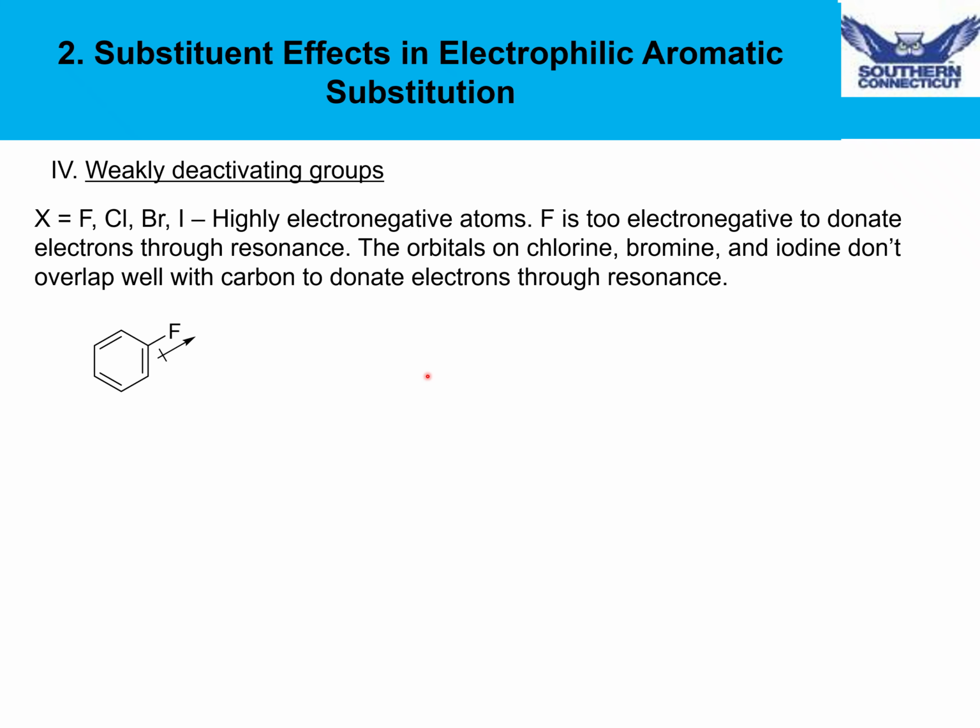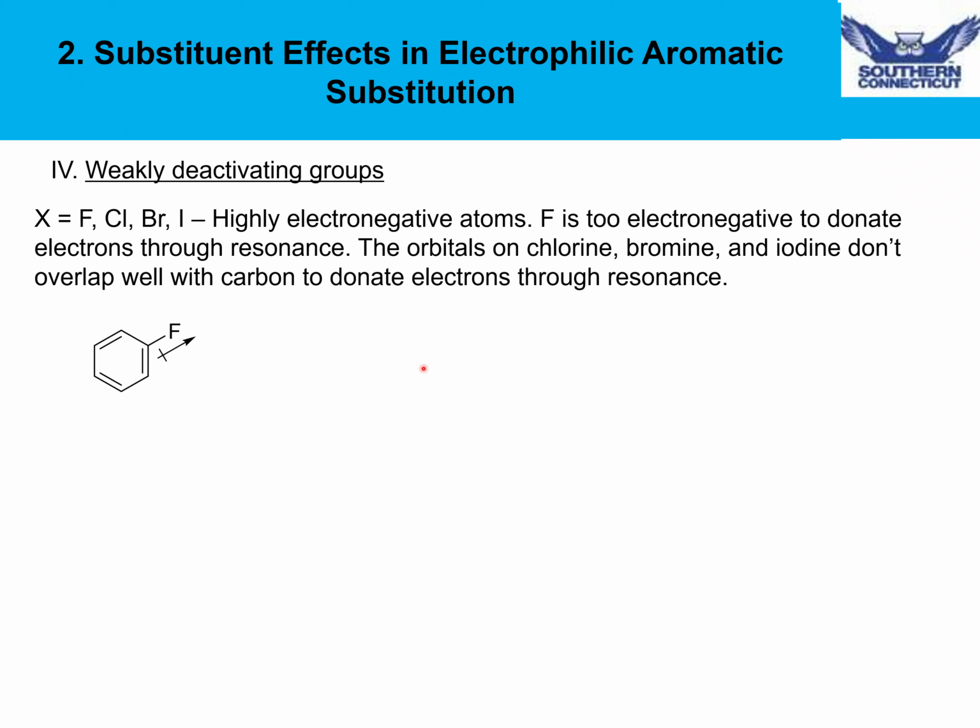Halogens in general are considered weakly deactivating groups. Fluorine is too highly electronegative to be able to donate electron density through resonance like an oxygen or a nitrogen in phenol and aniline. The other halogens don't match orbitals very well since they're lower in the periodic table, and so they are not able to donate electron density into a carbon which would be a part of the aromatic ring.